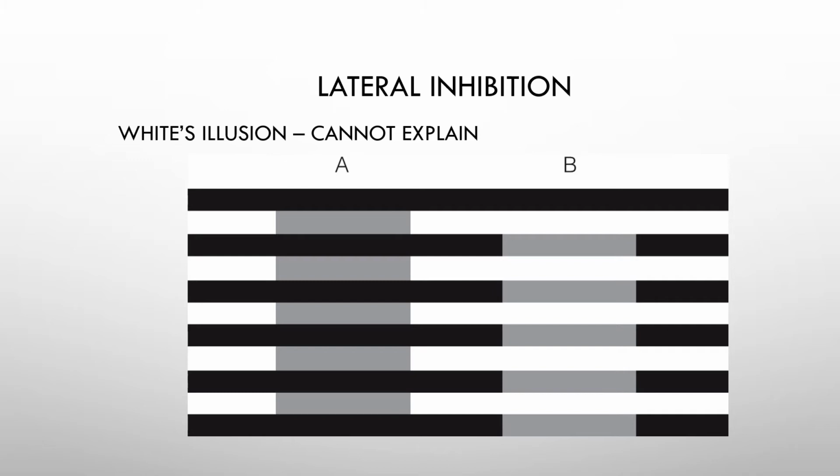I'll go ahead and walk through B. If you notice, there are more white areas hitting that gray than in A. It should have more lateral inhibition. It should appear darker. That's not what happens. And the assumption is that we are interpreting that gray rectangle as being on a black background with white stripes going through it.